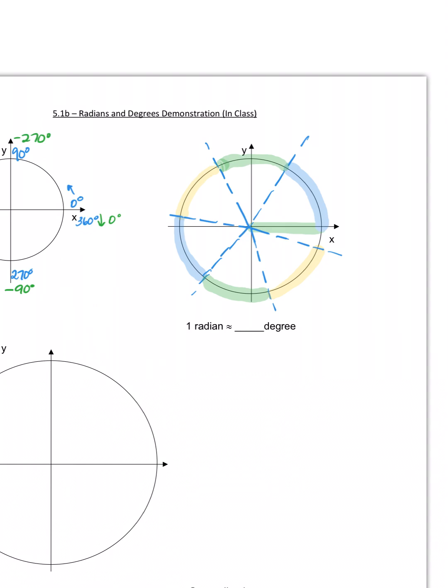It should stop right above it, just a smidge. Just a smidge. All right, got it?